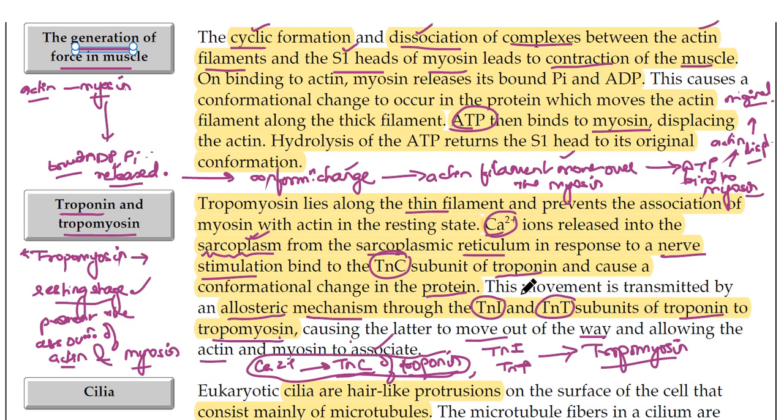This movement will be transmitted by an allosteric mechanism to the other subunits of troponin, TNI and TNT, and ultimately to tropomyosin. When tropomyosin receives this signal, it will move out of the way and will allow the actin and myosin to reassociate. Is that clear, guys?